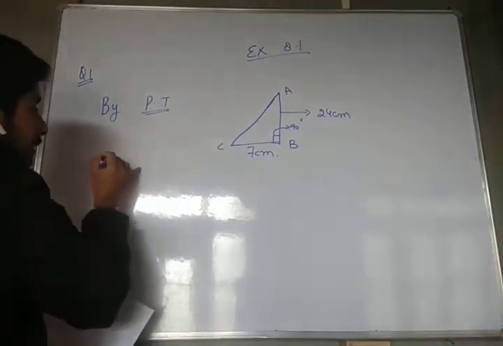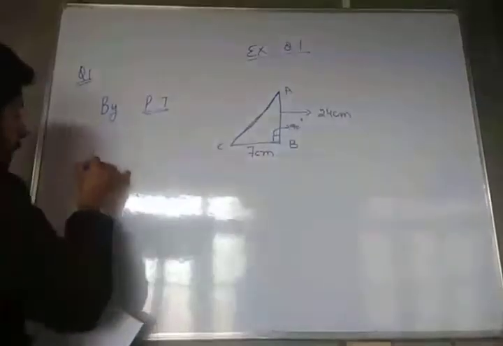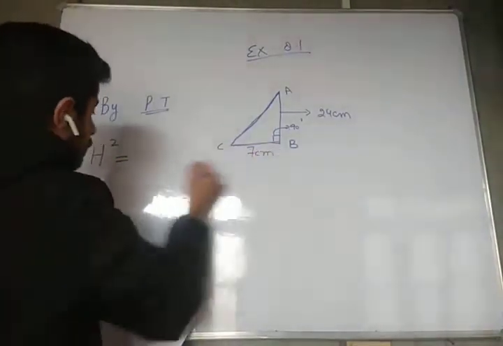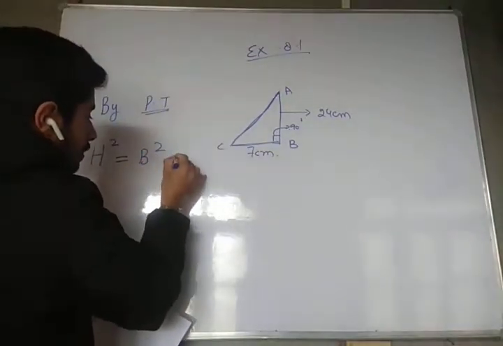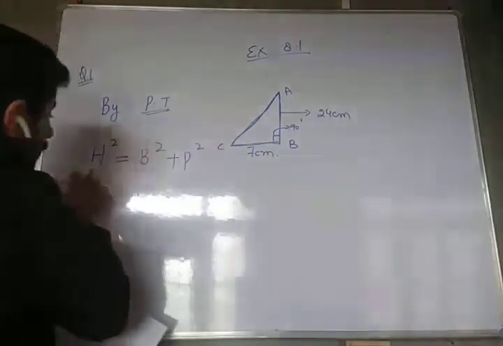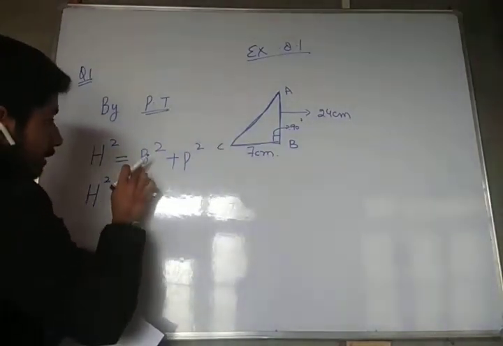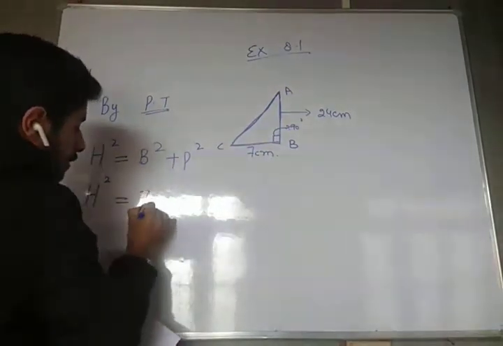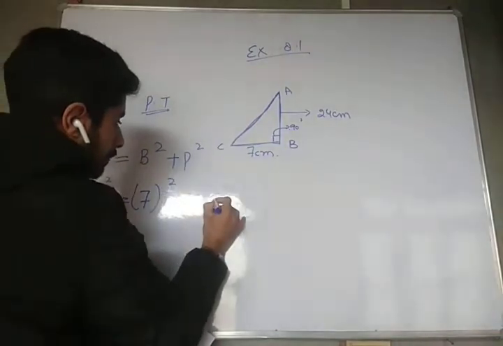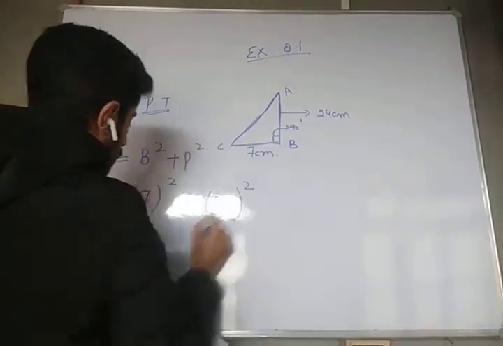It says that hypotenuse, this AC, hypotenuse square is equal to base square plus perpendicular square. Now we have to find this hypotenuse. Let's keep this as it is. This base is 7, so 7 square plus this perpendicular 24, 24 square.